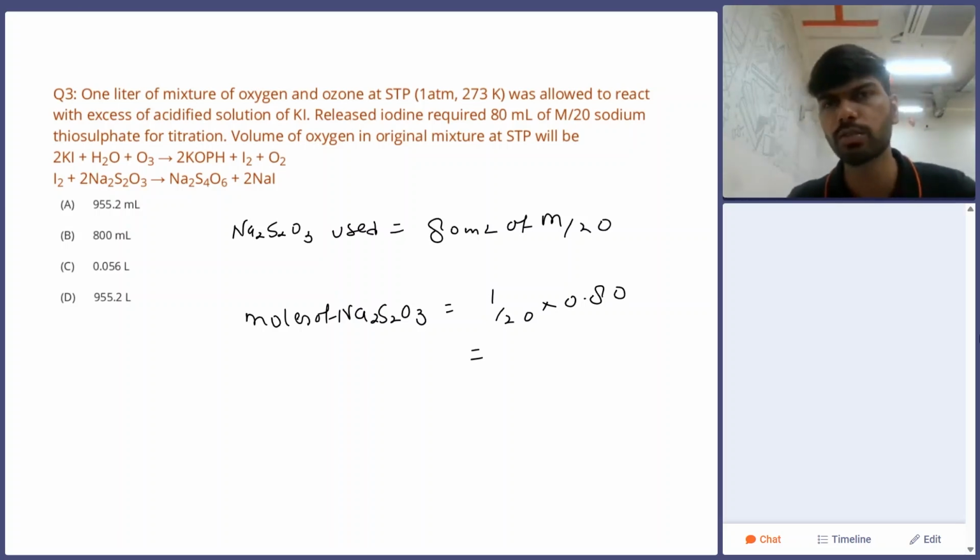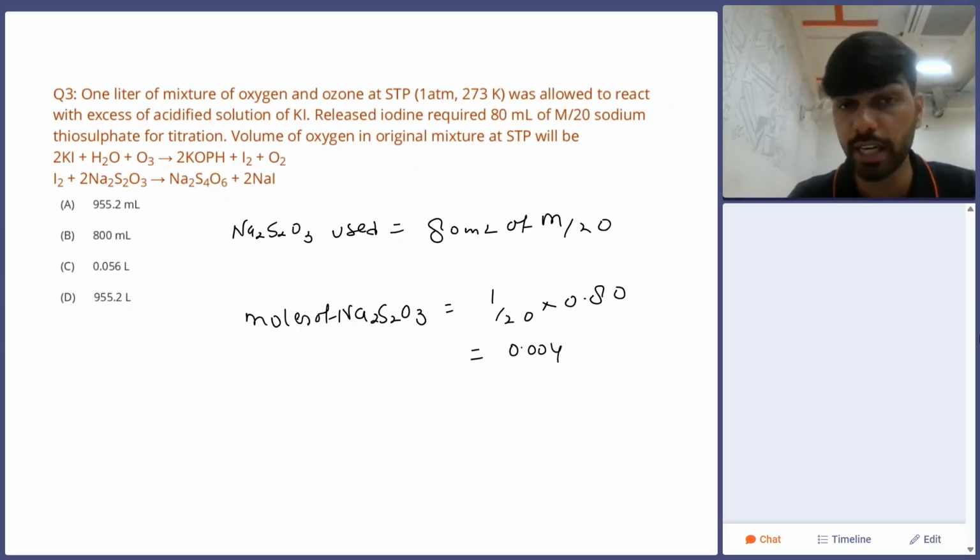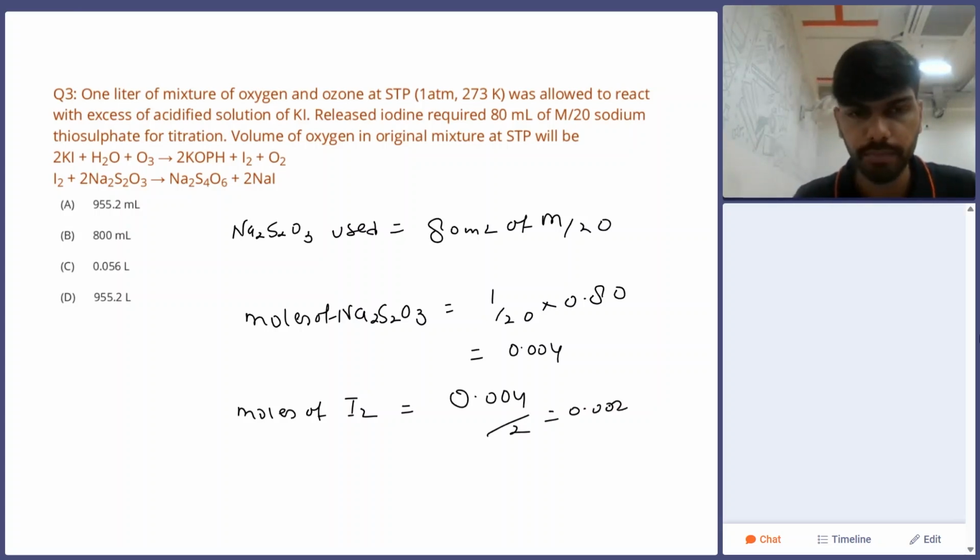When we solve this, we get 0.004 moles of Na2S2O3. Now moles of I2 we also get: 0.004 divided by 2, we get 0.002.